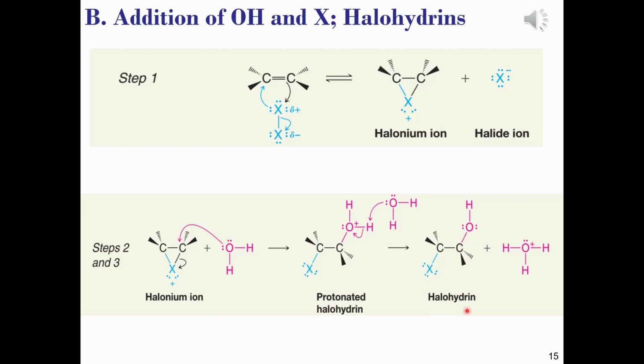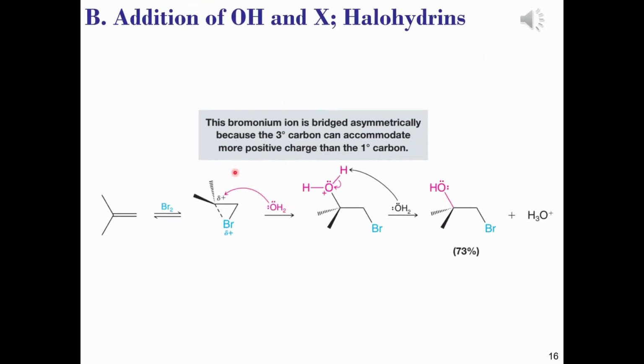Now, what would happen if, for example, one end of your alkene substrate is more substituted than the other? So here we would be thinking about the regiochemical outcome of such a reaction. In the case of halogenation, the formation of a vicinal dihalide does not have any regiochemical outcome, whereas the formation of a halohydrin is regioselective.